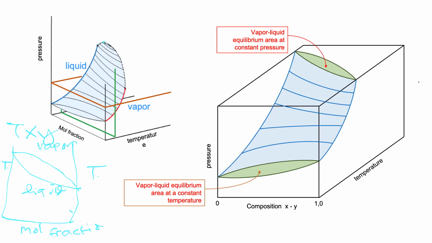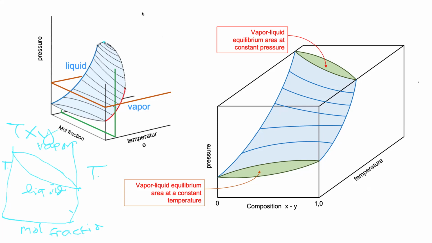This tongue diagram, the 3D diagram, is used for us to determine the pressure. Maybe I'll make it a different color. If you go to the lower temperature, you have quite a big envelope there.